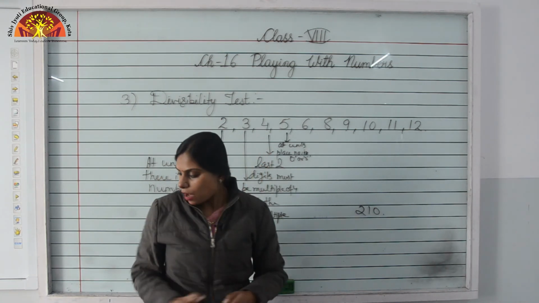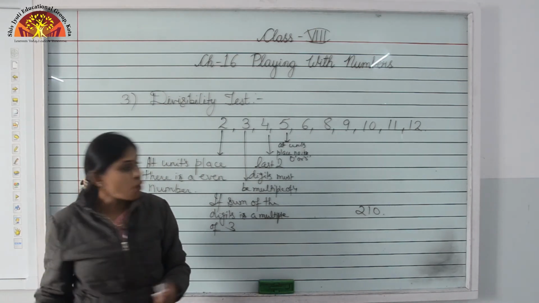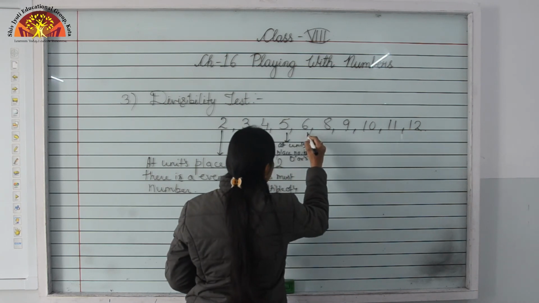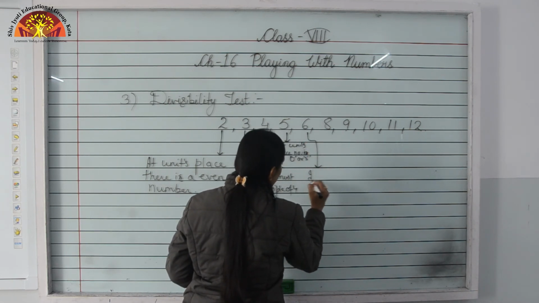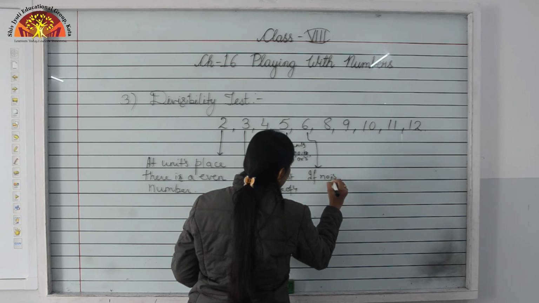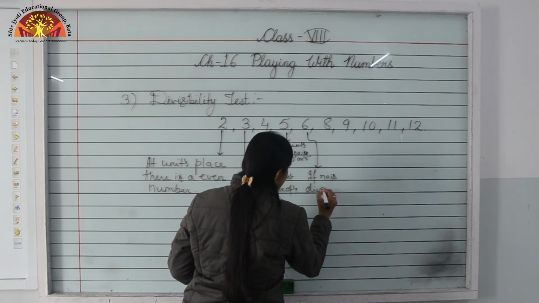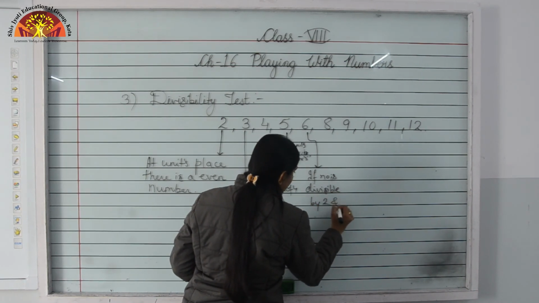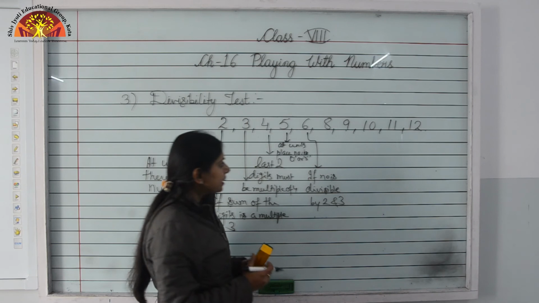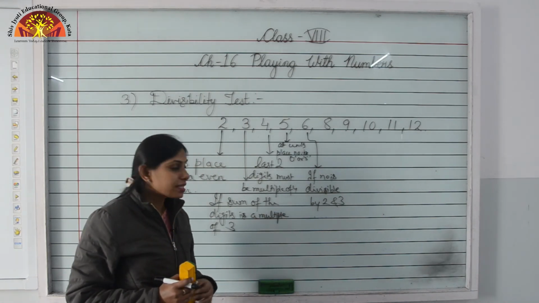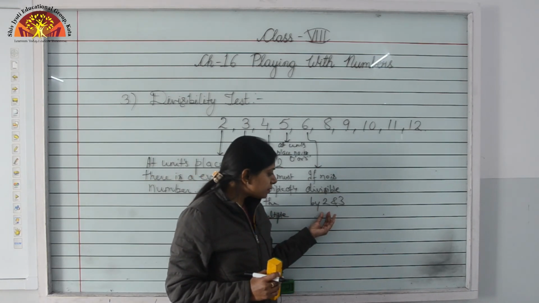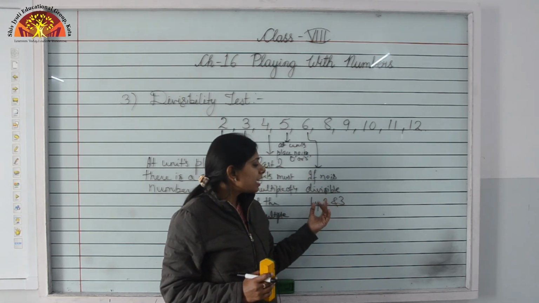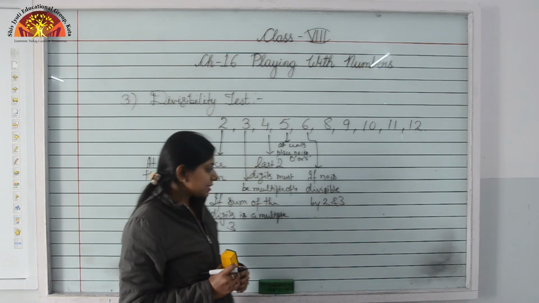Is it clear? Now how to test the divisibility of 6? To test the divisibility of 6, if a number is divisible by both 2 and 3, then we can say that a number is divisible by 6. Is it clear?